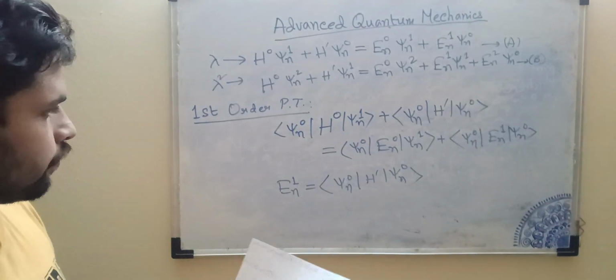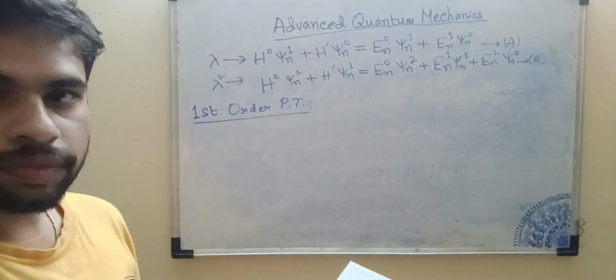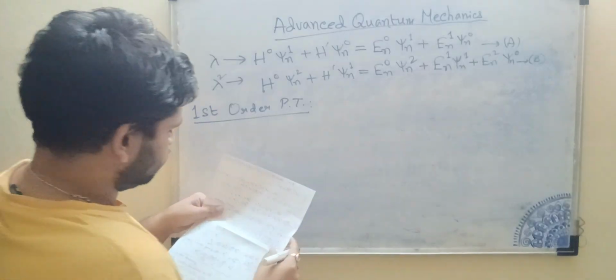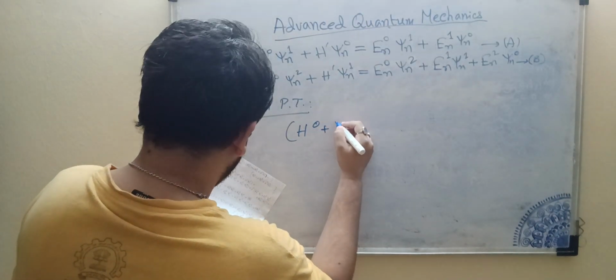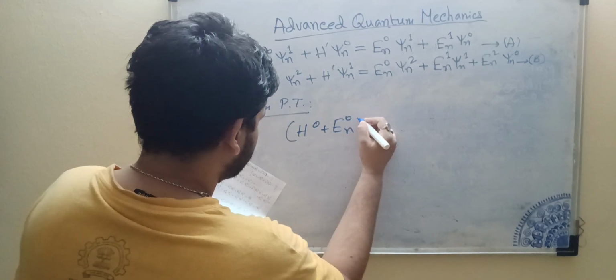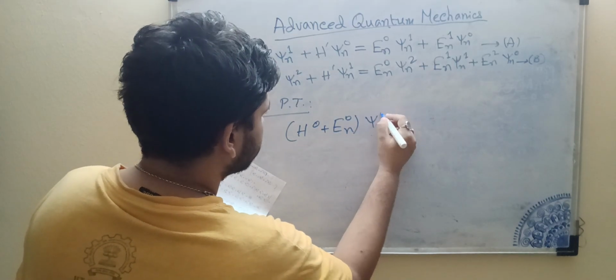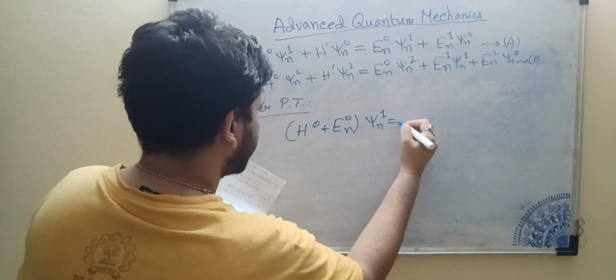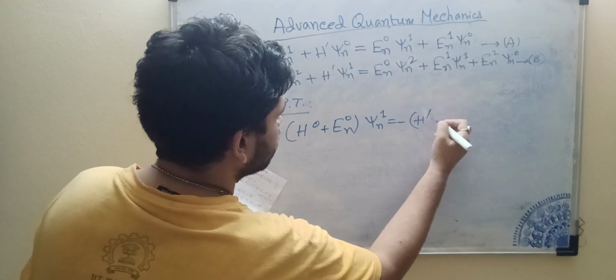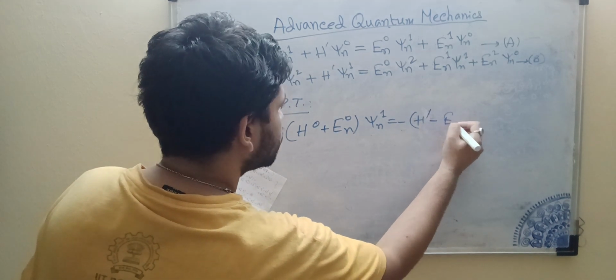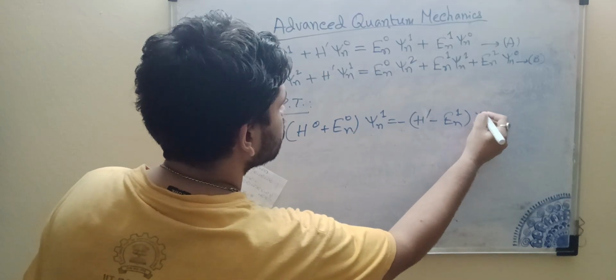Next, from A we will get H0 minus En0 psi n1 equals minus H prime minus En1 psi n0.